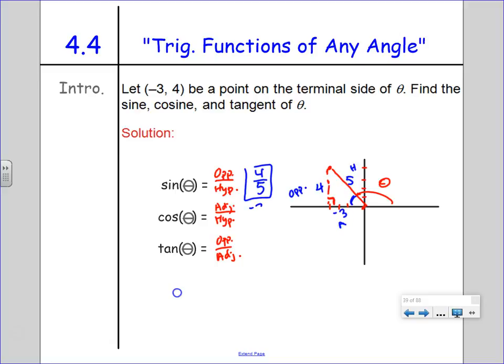Cosine is going to be, and then tangent's going to be, technically, 4 over negative 3. However, a positive over a negative makes everything negative. So in essence, it's just like making the whole fraction a negative. A fraction is like a decimal that's negative, it's just negative. You don't only think about numerators and denominators.